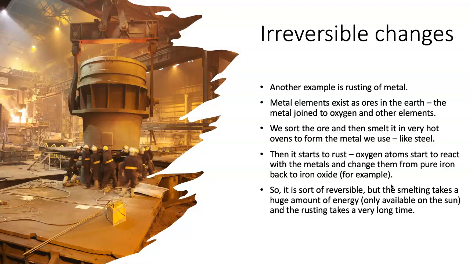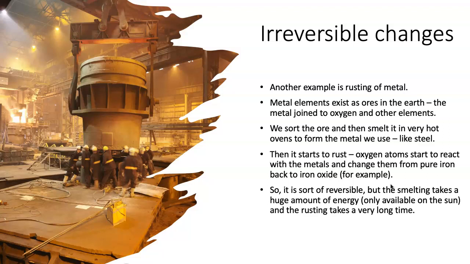Another famous one, of course, that we all see quite regularly is rusting. Rust is always a problem with metals, because metals exist in the Earth's crust as ores. So an iron ore is iron with oxygen attached. Bauxite, aluminium ore, is aluminium with oxygen attached. So the metals naturally form compounds, more complex bits of matter, with oxygen.